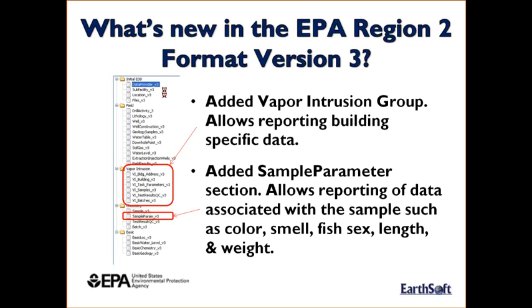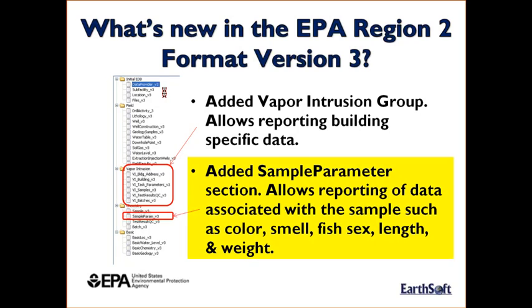So even though it is a duplicate section, we really wanted it grouped together in one vapor intrusion group. If you do receive data in test results QC, it will load into either the vapor intrusion or the chemistry section.